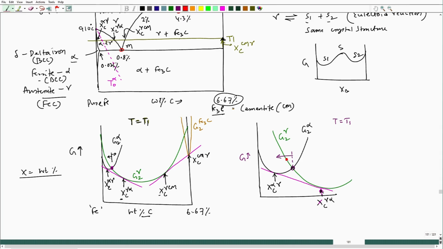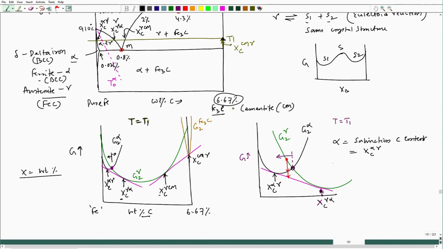So, this will be lying here, let us say I am taking a composition. That means it can go down, here it can go down, it can further go down to this common tangent, as we have discussed before. So, the alpha saturation carbon content is equal to Xc alpha gamma.